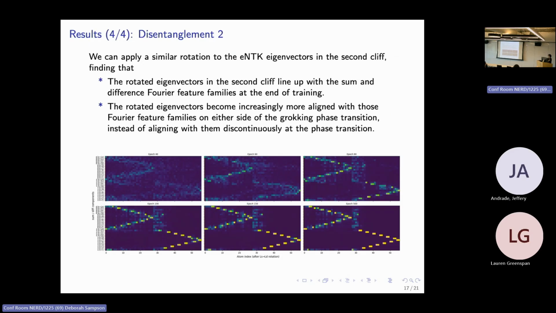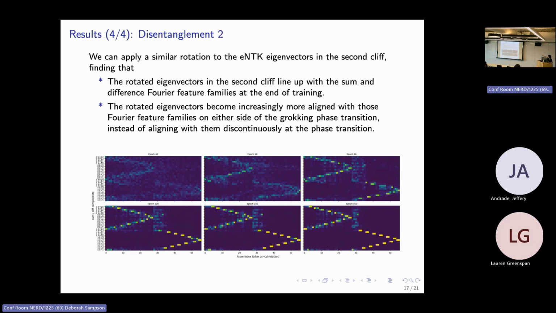We can do the same thing for the second cliff, the one that appears at the grokking phase transition. There we find that the rotation of the eigenvectors in the second cliff lines up with the sum and difference Fourier feature families at the end of training. Moreover, these rotated eigenvectors become increasingly aligned with the Fourier sum and difference families to either side of the grokking phase transition, instead of aligning discontinuously at the transition itself.